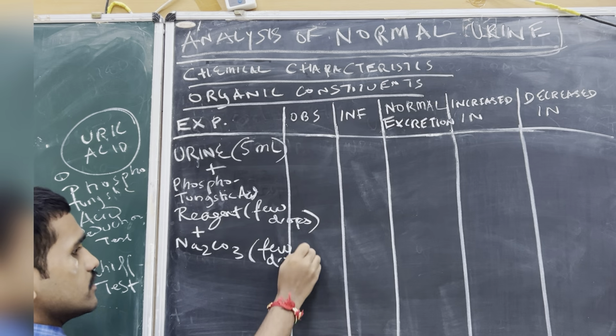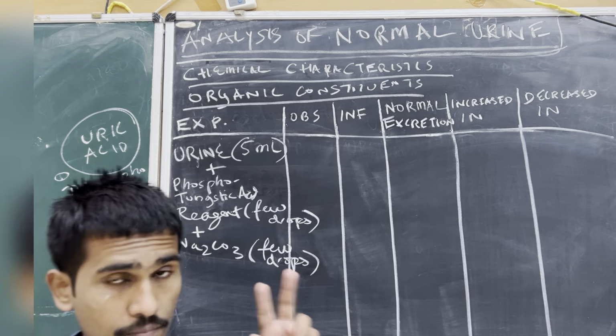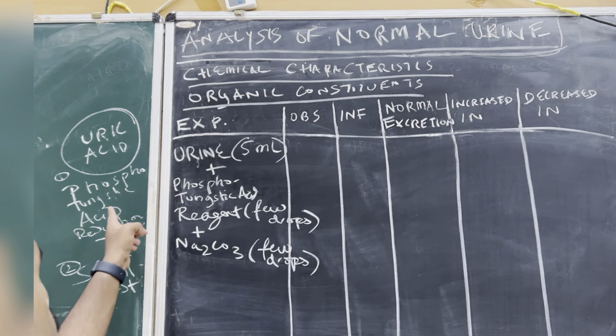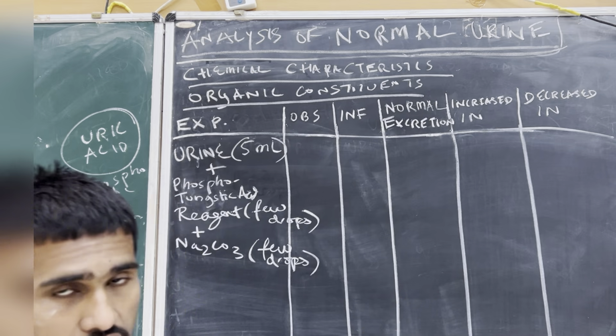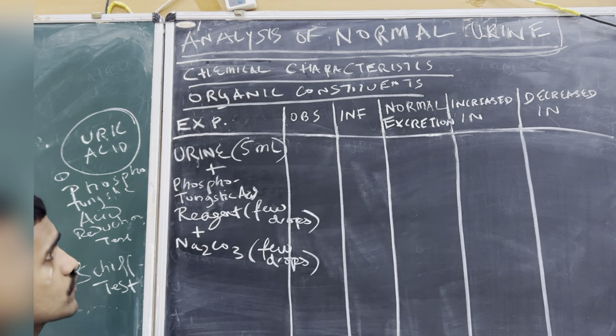For the ammonia test, it was 2% sodium carbonate, but here for the uric acid phosphotungstic test, it is 20% sodium carbonate. Don't be confused.